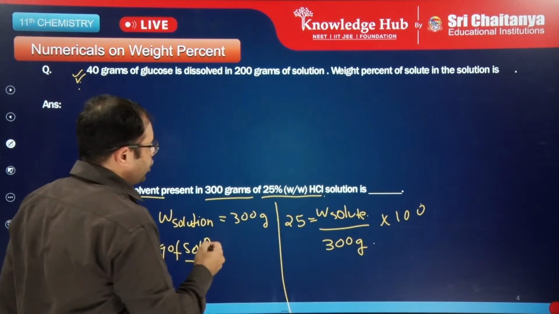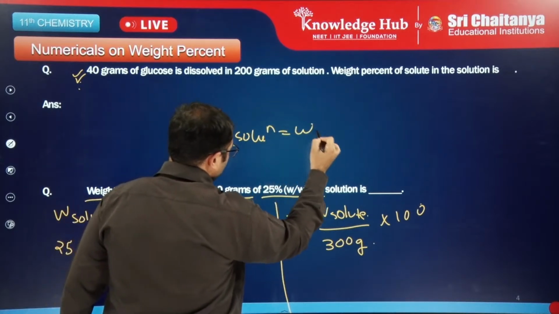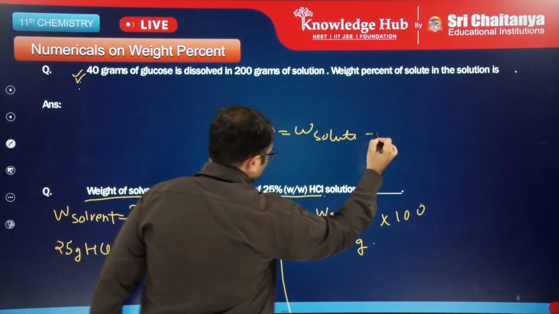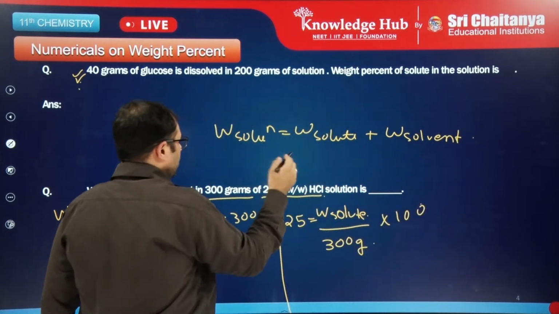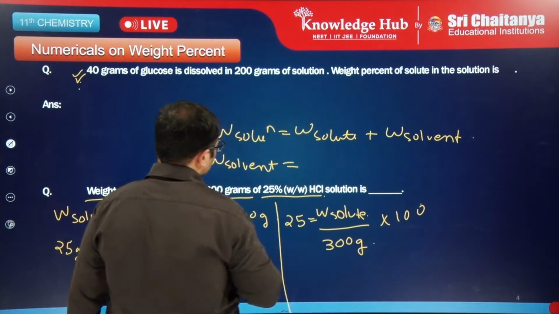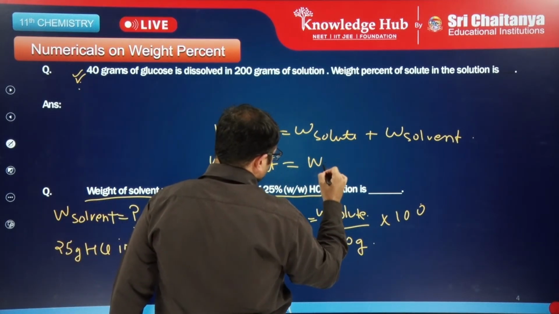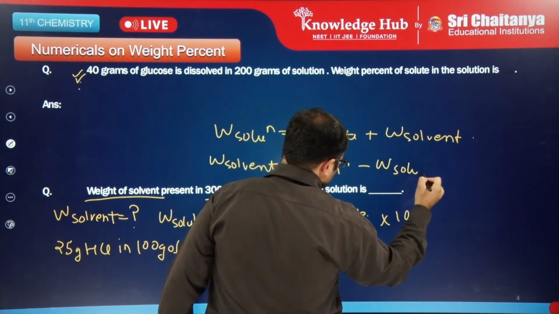From that, find the weight of solute, and we know that weight of solution is weight of solute plus weight of solvent. So from that, weight of solvent can be written as weight of solution minus weight of solute.